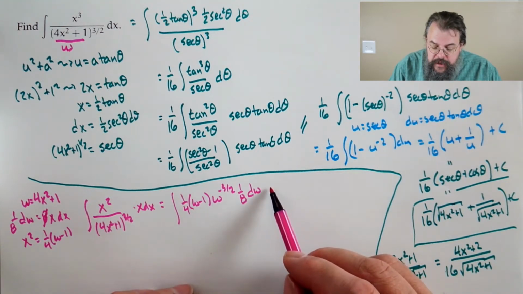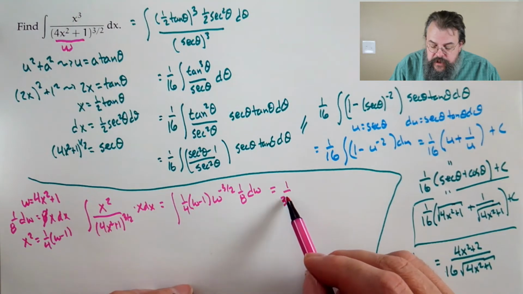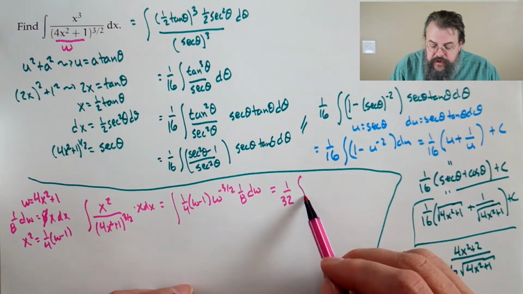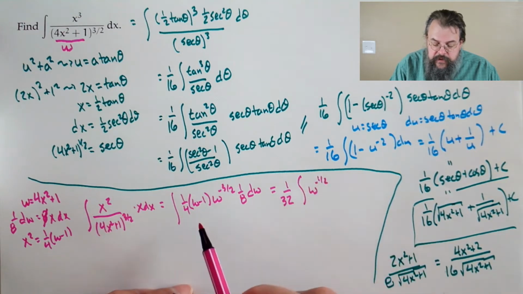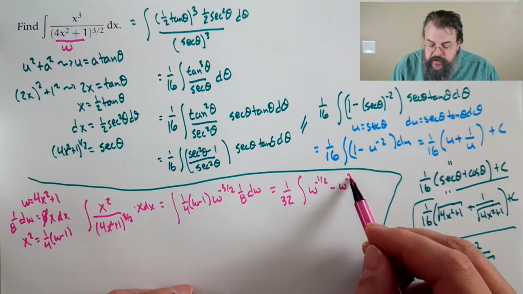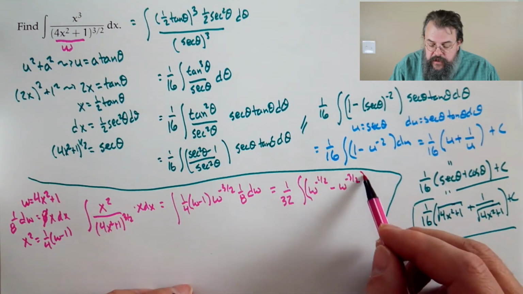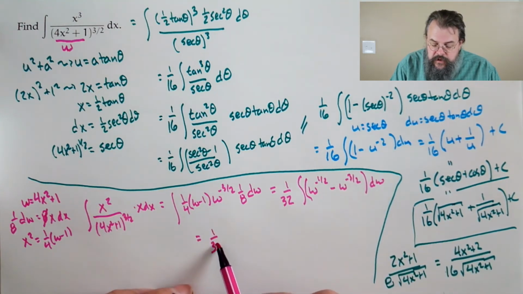That would be 1/4, 1/8 pulled out, 1 over 32. And then we'd have the integral of w to the minus 1/2, which is that term, and then minus w to the minus 3 halves, dw. Well, that's 1 over 32.